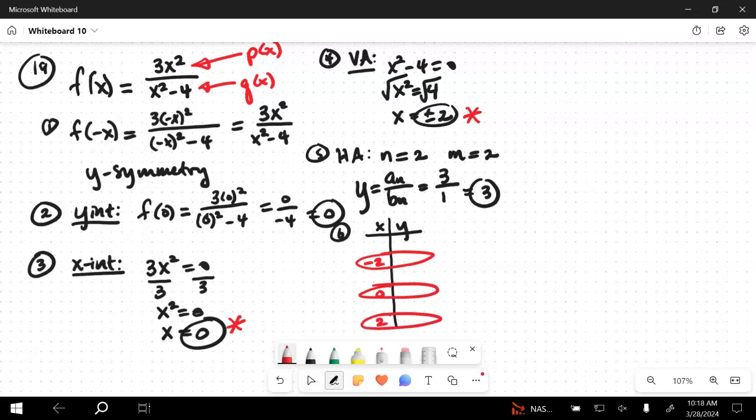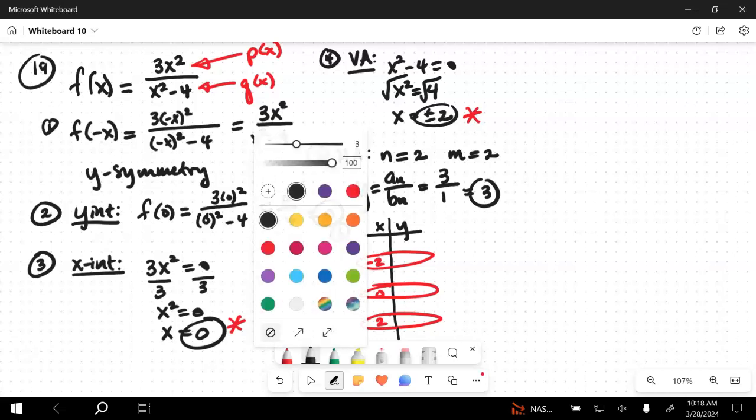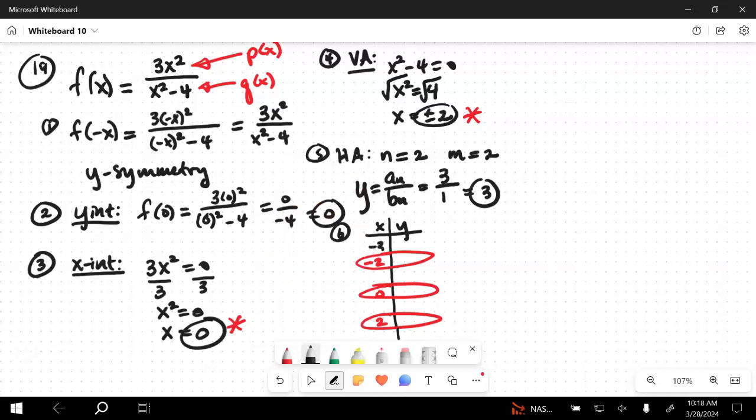I'm going to build these with you, so it's going to take me a second. I'm going to end up using -3, -1, 1, and 3. Okay. Let's plug into our calculator, and you can do that on your own. Pause the video if you need to.